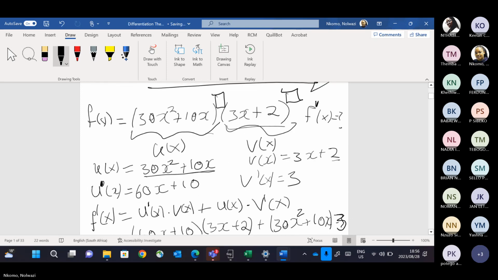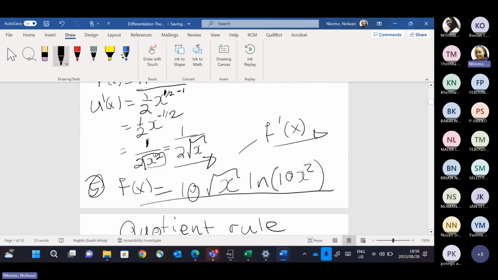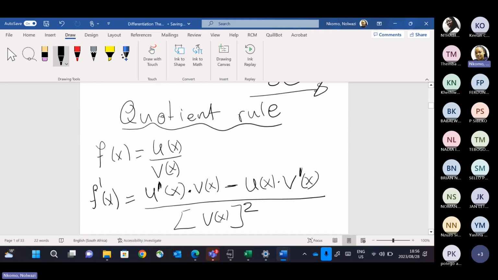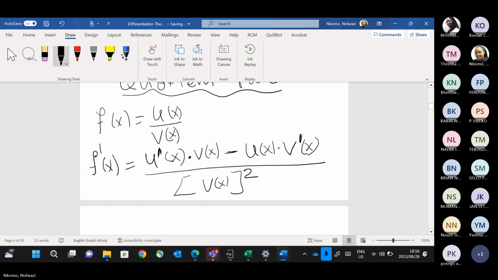Okay, here on the quotient rule, you always have to differentiate the numerator first, because of this negative. If you differentiate this first and then differentiate this second, then your answer would be wrong.